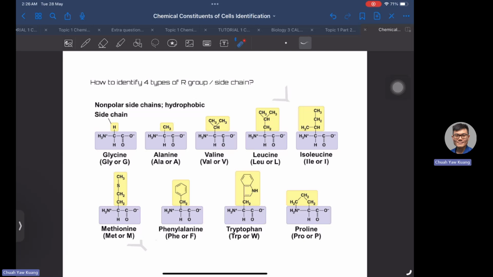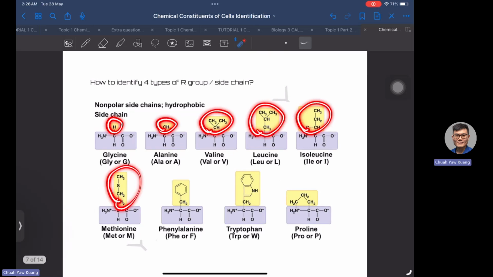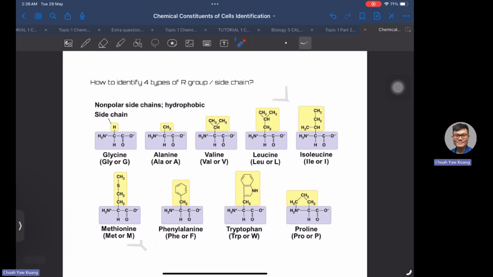If you find that the side chain only contains the hydrocarbon alkyl group, meaning that in this side chain it only contains purely carbon and hydrogen, no other element, we can call this the alkyl group.